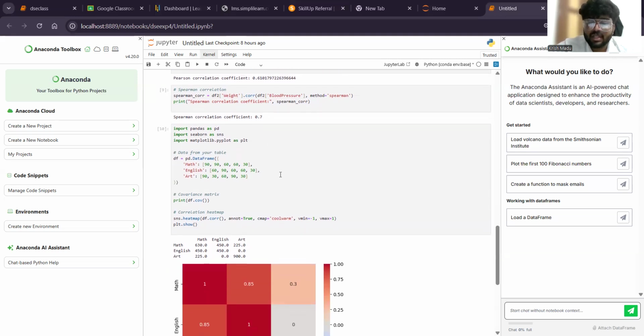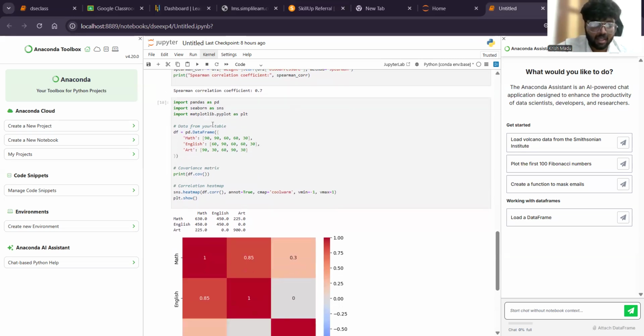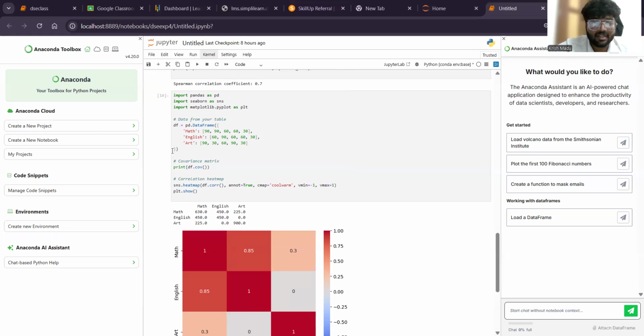The ninth question is we are going to calculate the covariance matrix and plot the correlation seaborn heat map for the given data. First we are importing the matplotlib library, and after that we are giving the data frame that was given in the question.